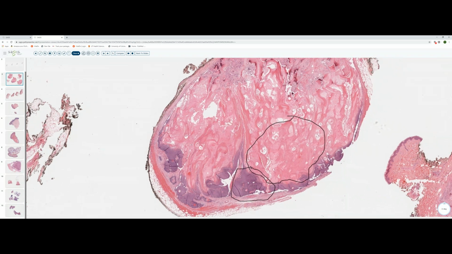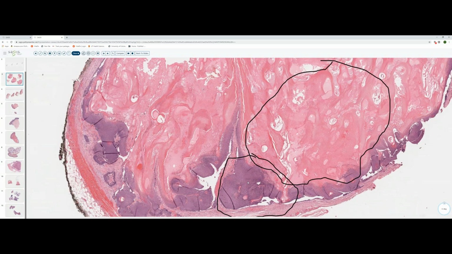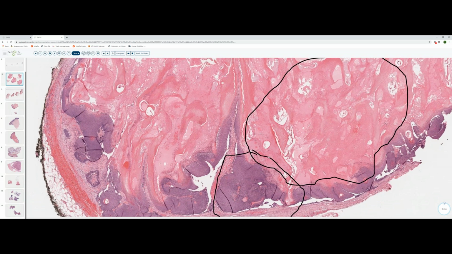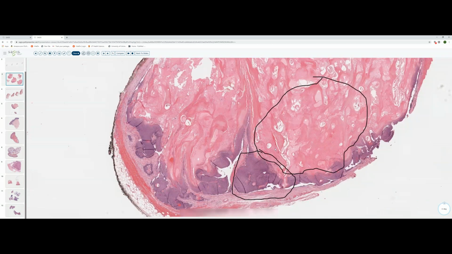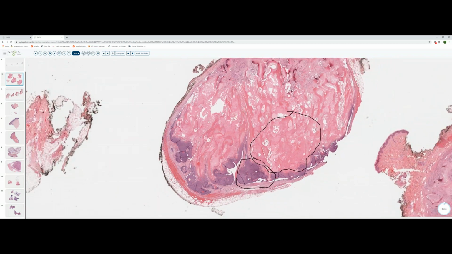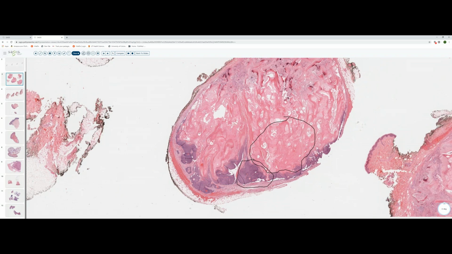This is a relatively early pilomatricoma in that we have plenty of basaloid cells, which are undergoing this abrupt transition to form shadow cells. As these lesions mature, all of the basaloid cells will ultimately keratinize. So a later stage pilomatricoma is going to have no basaloid cells, just shadow cells.